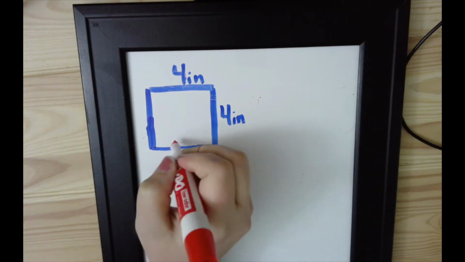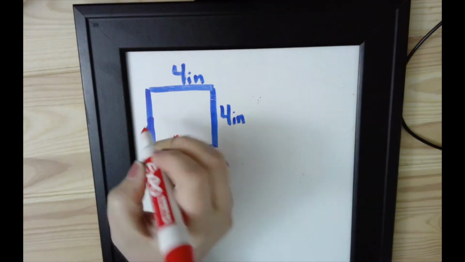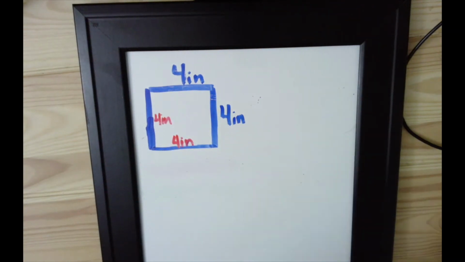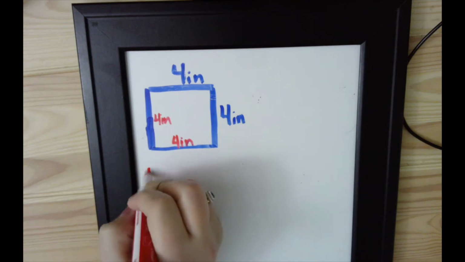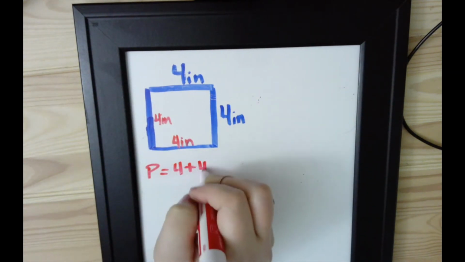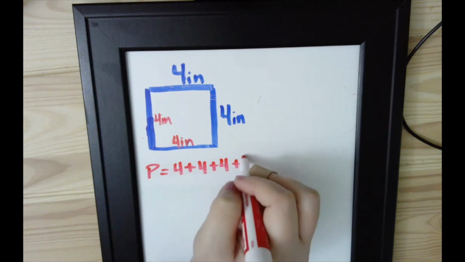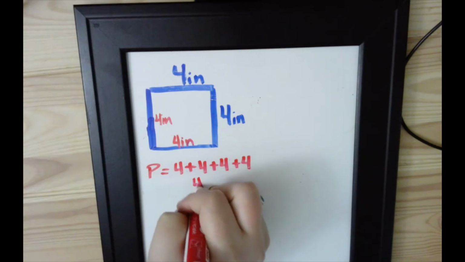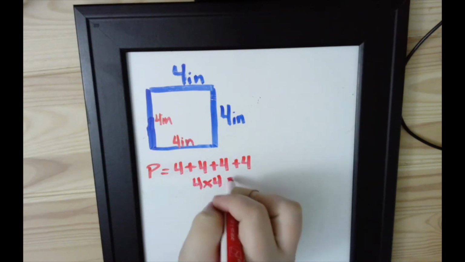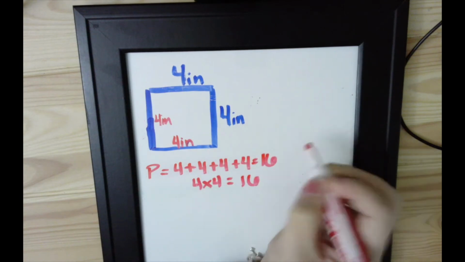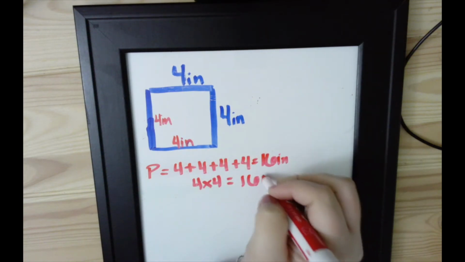That means this length is also 4 inches, and this is 4 inches. So we add all the sides to find perimeter: 4 plus 4 plus 4 plus 4. Since they are all the same, you also could have done 4 times 4, which in both cases gives us 16, and then the dimension, which is inches.